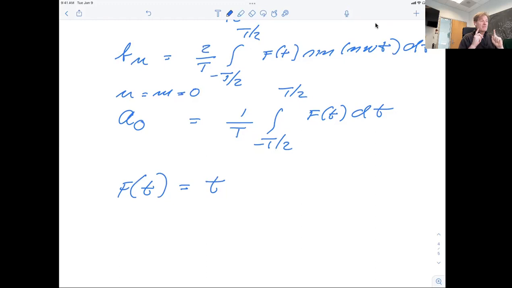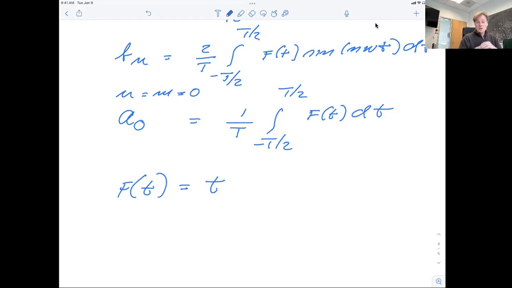If you take the value of the function at 0, it's obviously 0. If you then take a positive value for t, this is positive. So if I put t equal to 1, I get plus 1. If I take t equal minus 1, I get minus 1. And we say that this function is anti-symmetric.